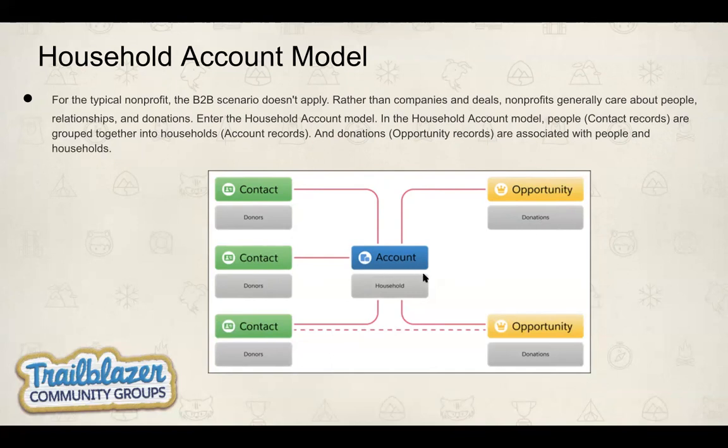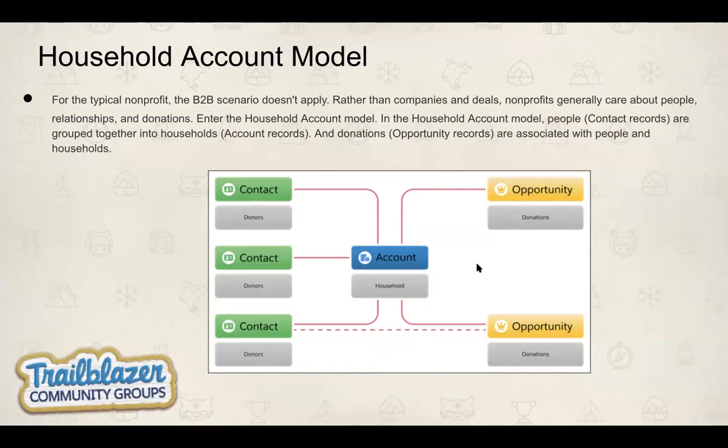And in Salesforce, we have this functionality that for standard objects, we can rename the label of the objects, right? So if you want to rename your opportunity object's label as donation, you can do that. That is also possible. So this is the basic difference between Sales Cloud and Non-profit Cloud. I hope you understood the difference clearly, right?